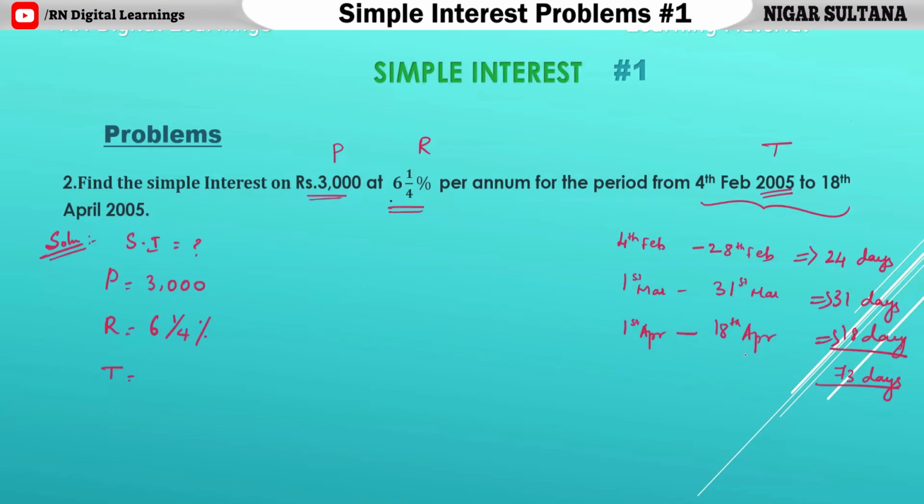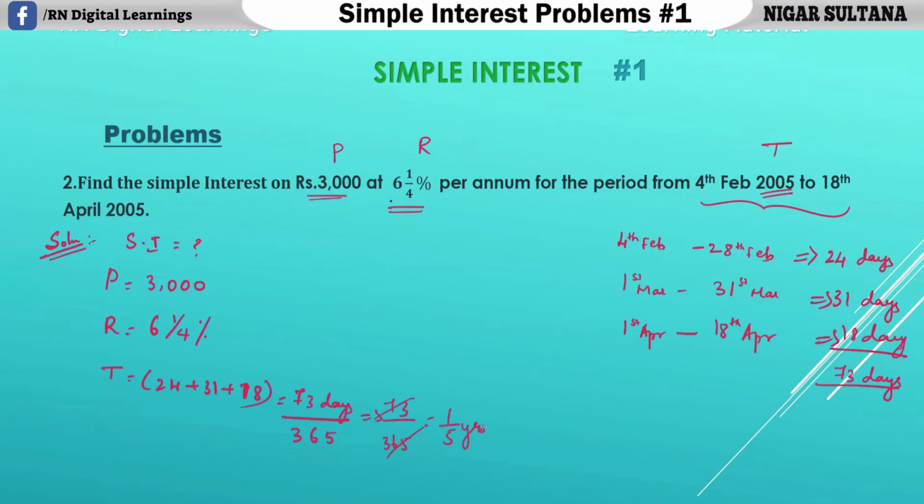I have told you, when the time period is in days, it must be converted into years. How will you write? This is 24 plus 31 plus 18, right? So it is 73 days divided by how many days are there per year? It is 365. So now when I divide 73 by 365, this gives us 1/5 years.